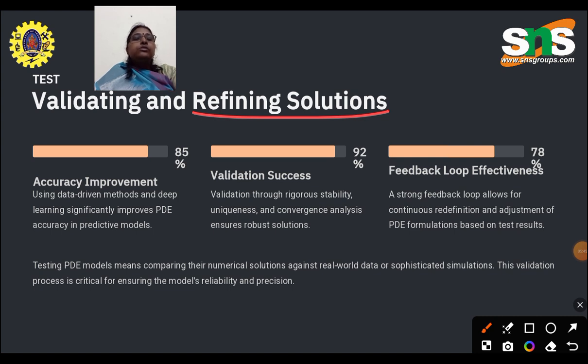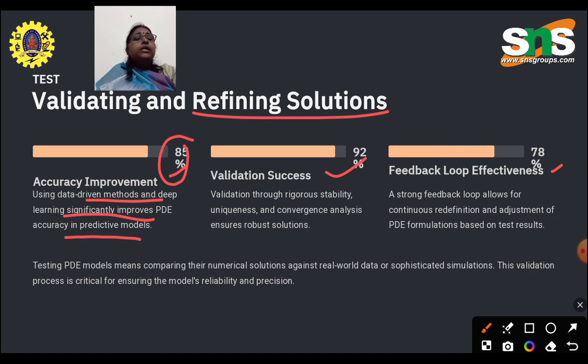In this stage we consider three things: accuracy improvement, validation success, and the feedback loop. For accuracy improvement, using data driven methods, deep learning significantly improves partial differential equation accuracy in predictive models. Here we can get 85% accuracy.